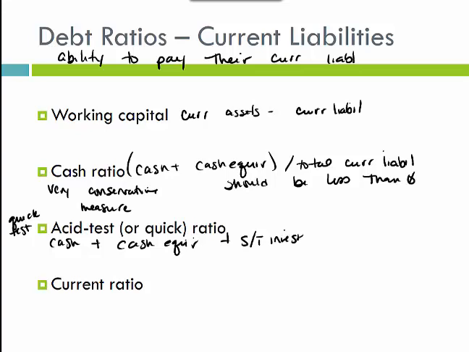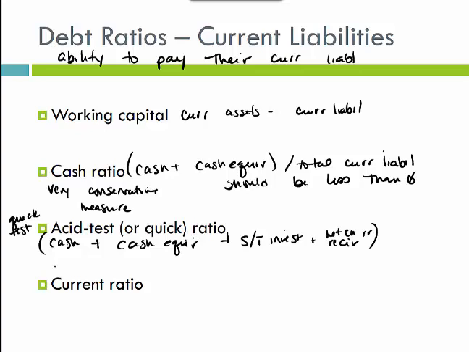Again, those are things that could be turned into cash fairly quickly, plus the net current receivables. And when we say net, remember back when we did receivables and we had the receivables minus the bad debt, or the stuff you didn't expect to collect. So the net number there, you take all those things together.